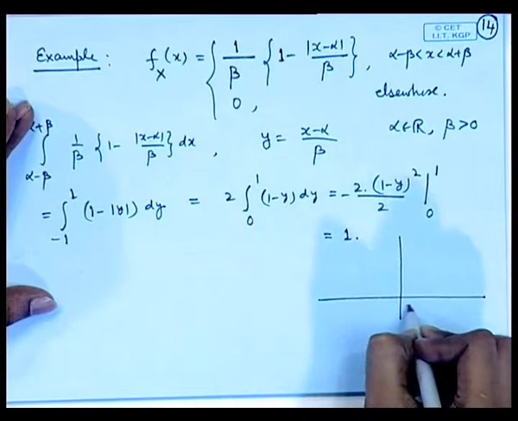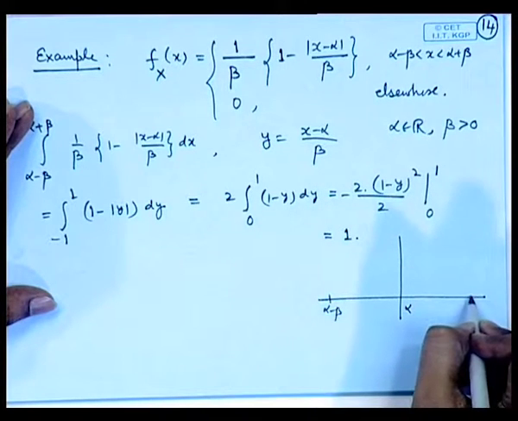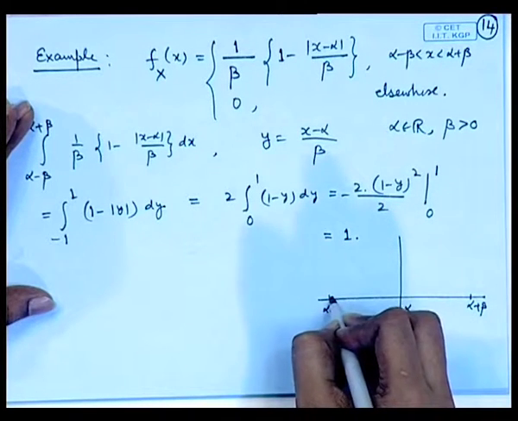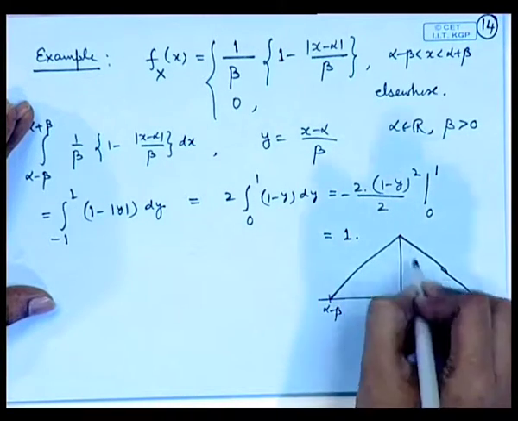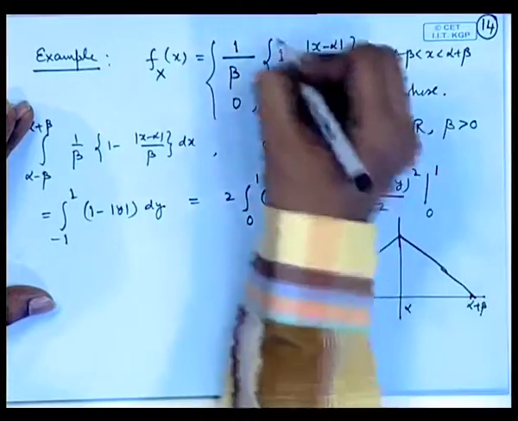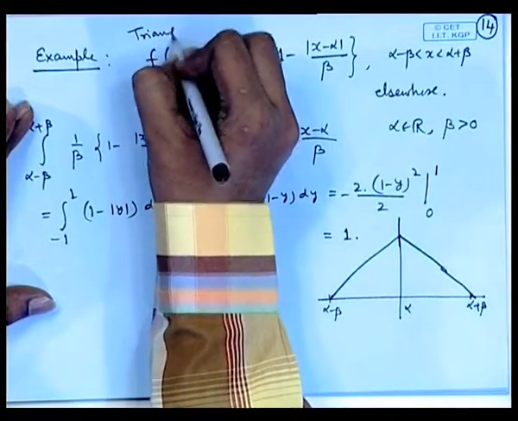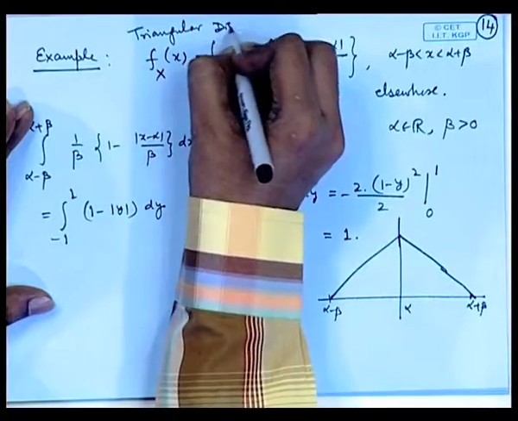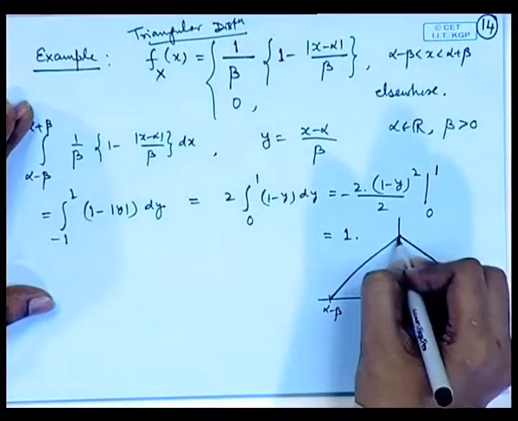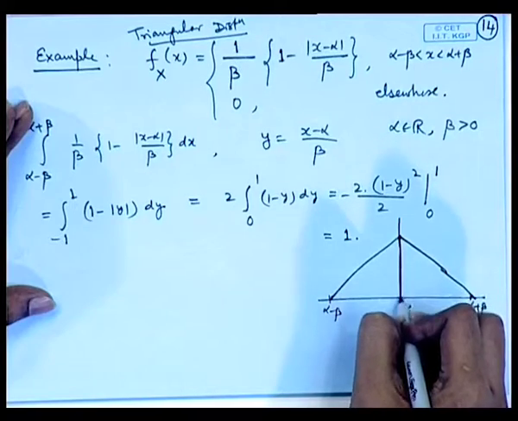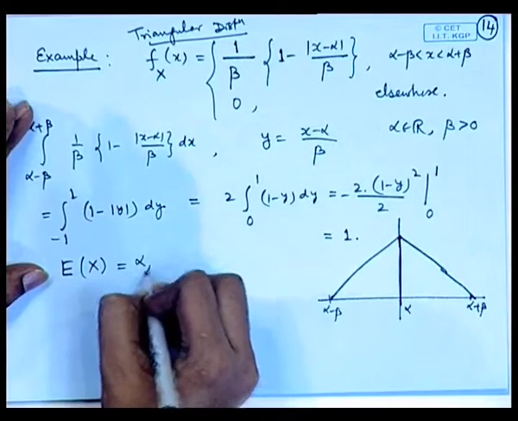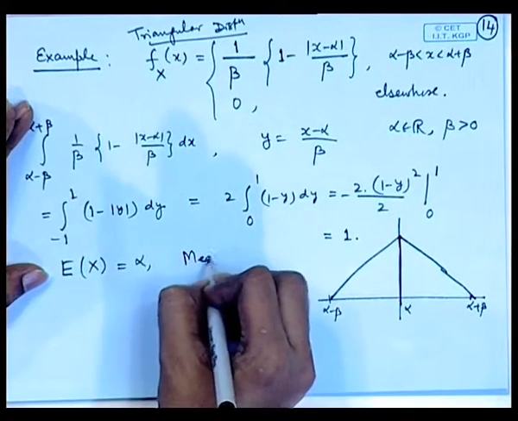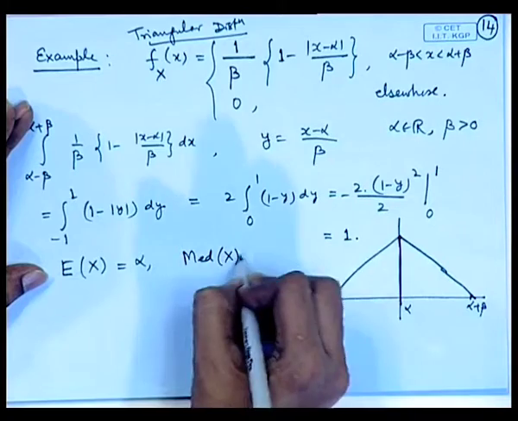If we consider this point as alpha, this as alpha minus beta, and this as alpha plus beta, then the shape of the distribution is triangular. So, this is basically a triangular distribution. Therefore, easily you can see that the mean and median of this distribution must be alpha. Expectation of x must be alpha, the median of x must be alpha.